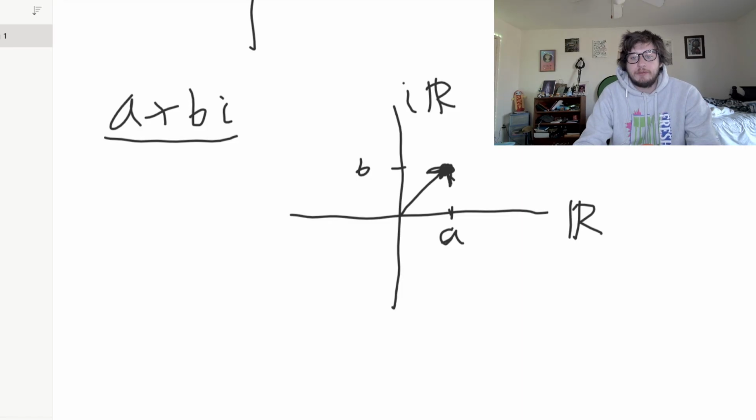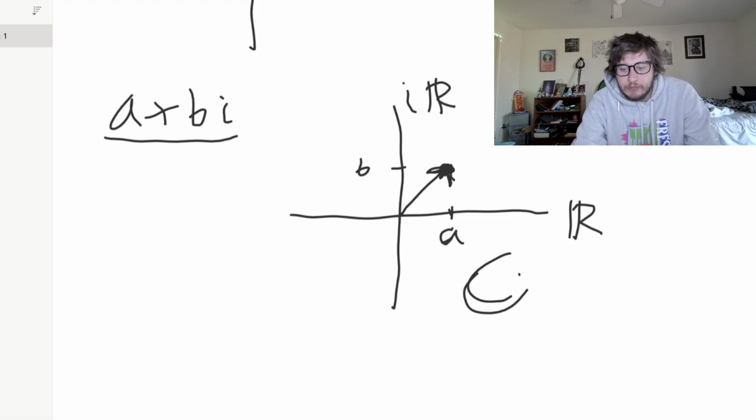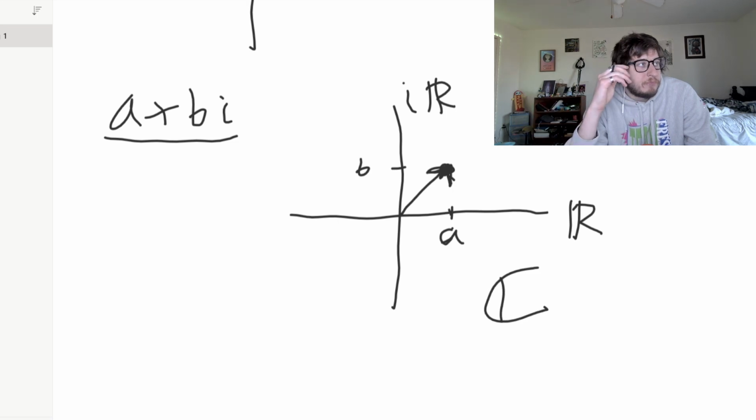So this is the complex coordinate plane. Complex is written like a C with this.